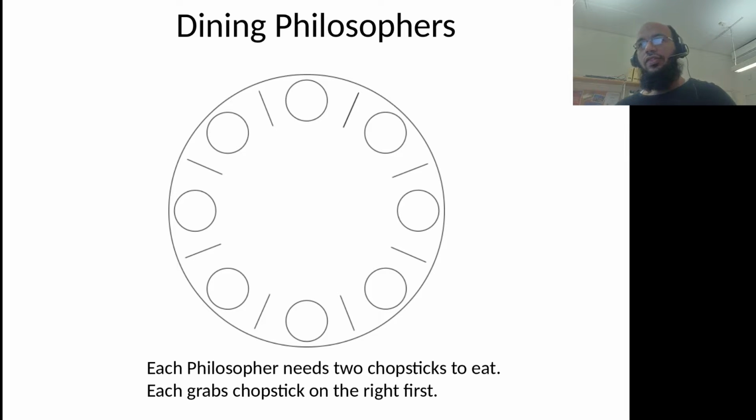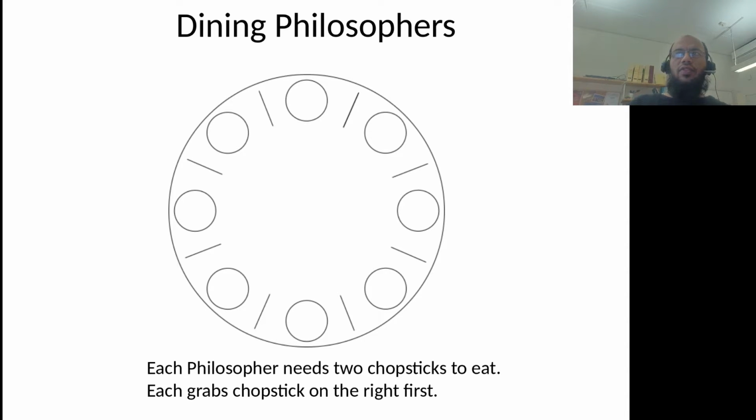So you have philosophers sitting around the table trying to eat spaghetti or something, and they have chopsticks, or a fork and knife, or two forks, or any two pieces of resources that are needed to eat.